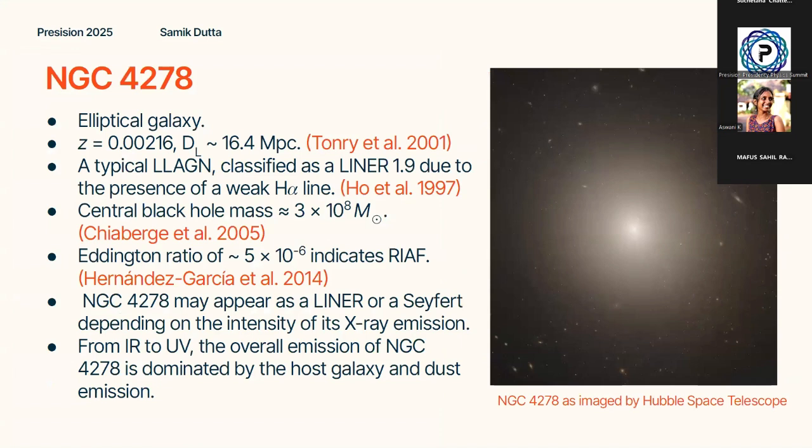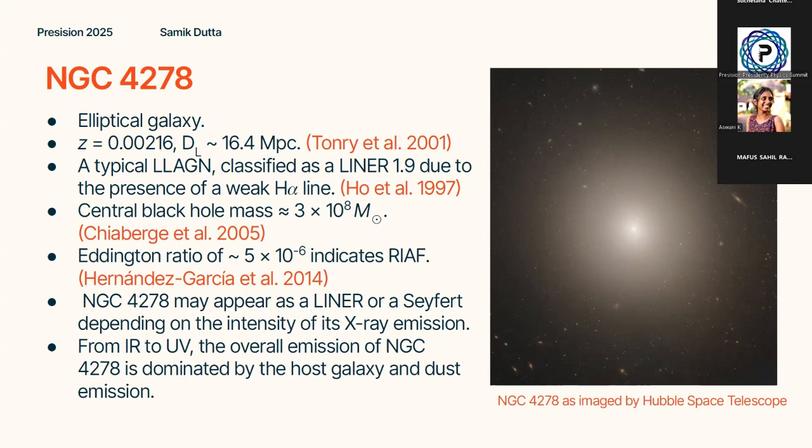A little bit about NGC 4278. It is an elliptical galaxy located at a redshift of 0.02 with a luminosity distance of 16.4 megaparsecs. It is classified as a typical LLAGN due to the presence of its weak H alpha line. It has a central black hole mass of 10^8 solar masses and an Eddington ratio of the order of 10^-6, which indicates a radiatively inefficient accretion flow.